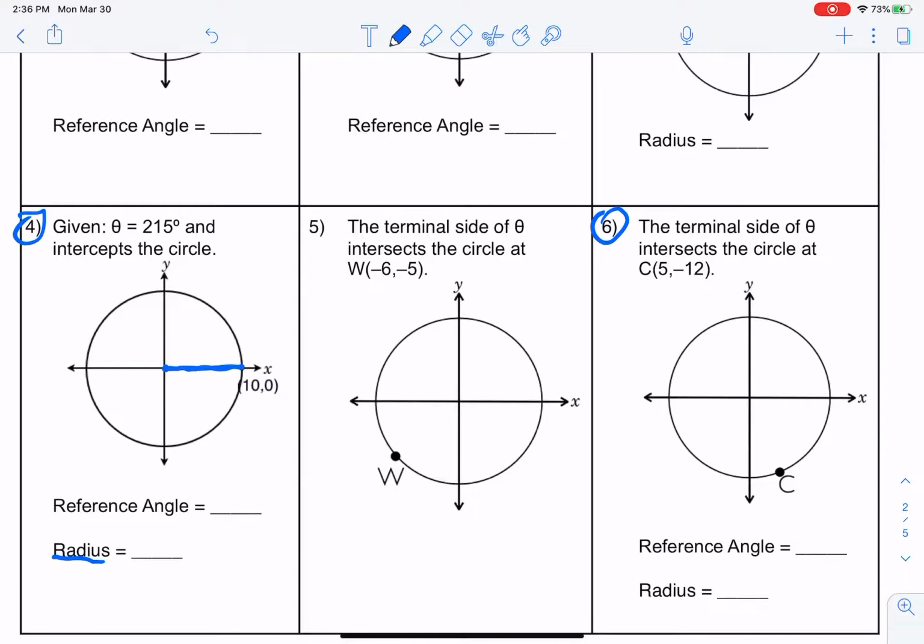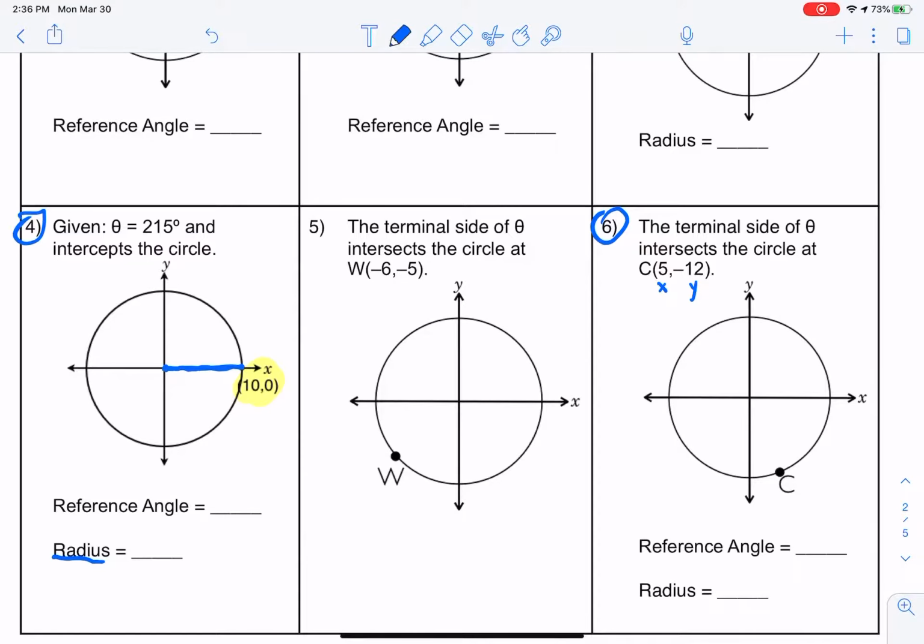And these coordinates here give you a clue as to what the radius of that circle would be. For question 6, we're told that the terminal side of theta intersects the circle at C, which is (5, -12). So we're given an x and a y value there.